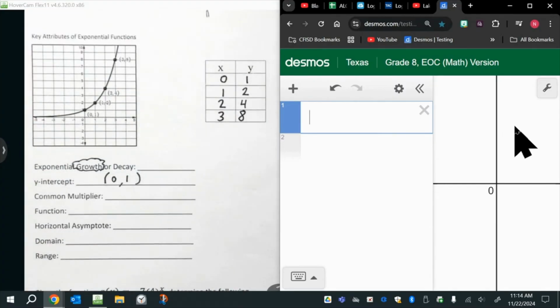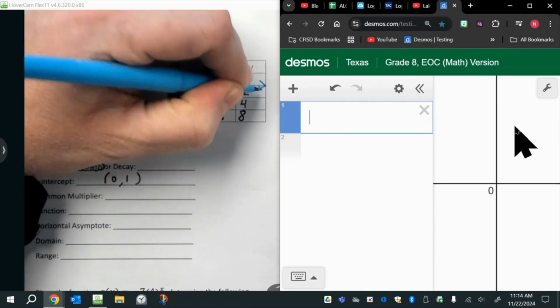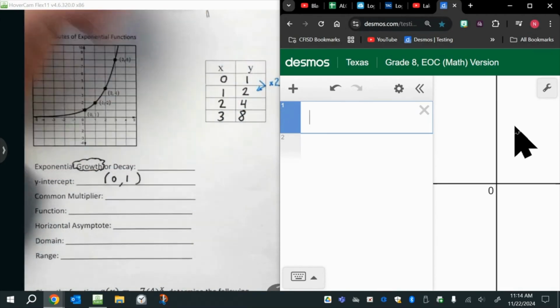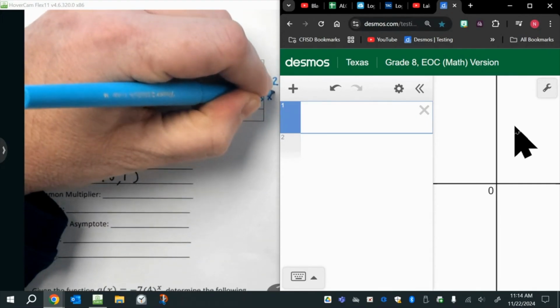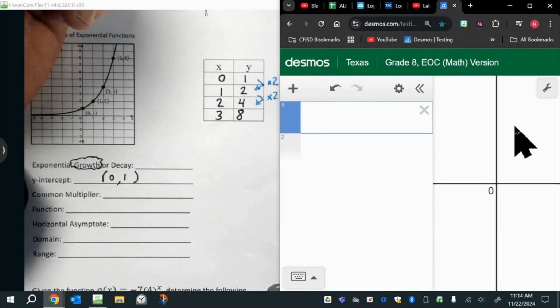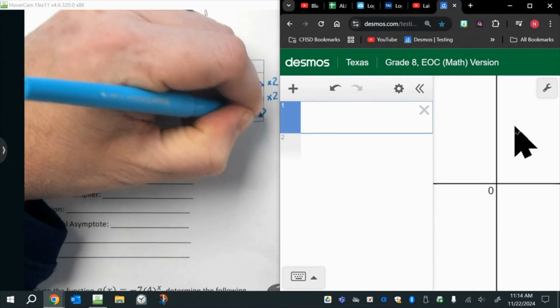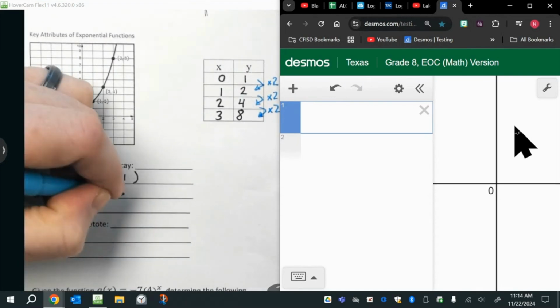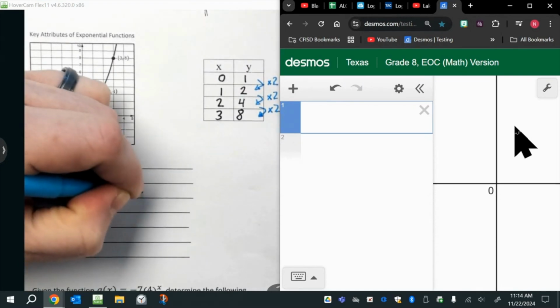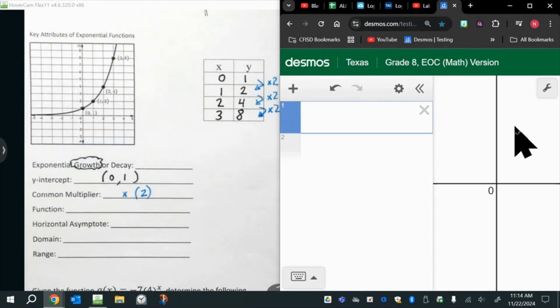Well, we are doubling each time, right? Because 1, and if I multiply times 2, if I take 2 and I multiply, it gives me 4. If I take 4 and I multiply it, it gives me 8. So my multiplier is times 2.